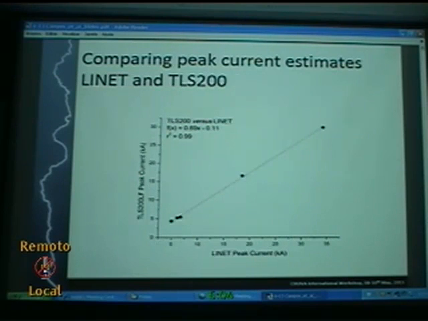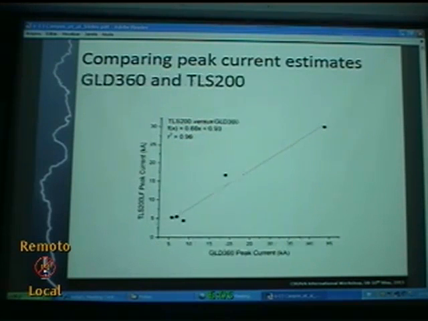Now, LINET and TLS 200, again, very high linear correlation, and the peaks are very close, a 0.89 factor between them.